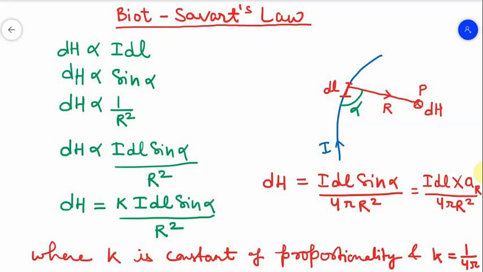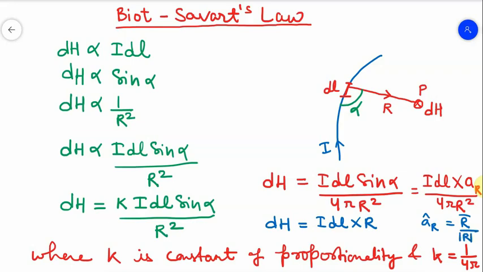Okay, so now this dH can be written as I dl cross r. If we replace this aR, this aR can be replaced by what? R vector upon r magnitude.